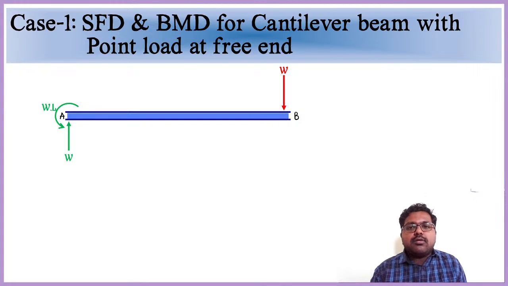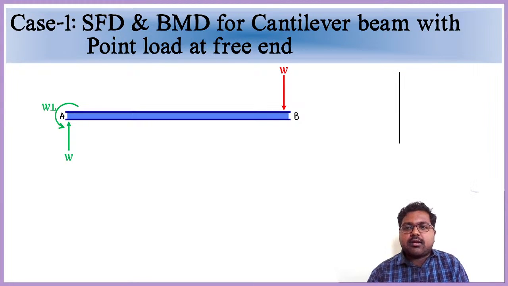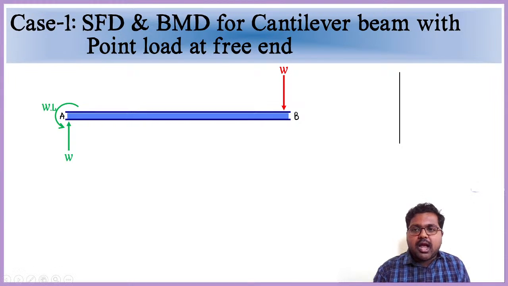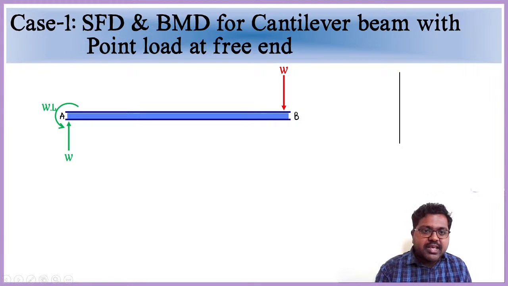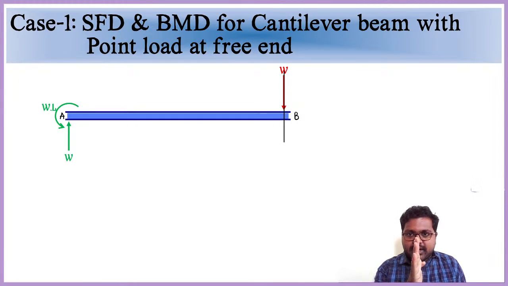So we need to take any one side, and we have to start. So here I am taking a cross section, right? I am taking a cross section and I want to place it on any one side. So for the time being, first I am placing it on the right hand side. Okay, on the right hand side I am starting the cross section.